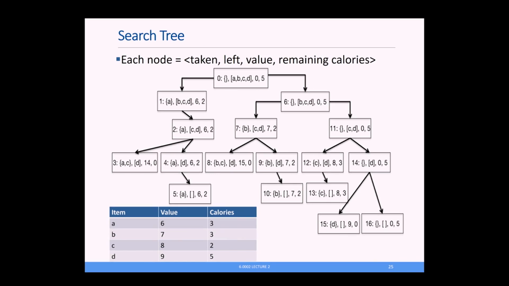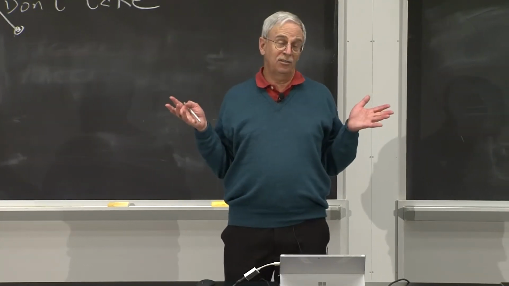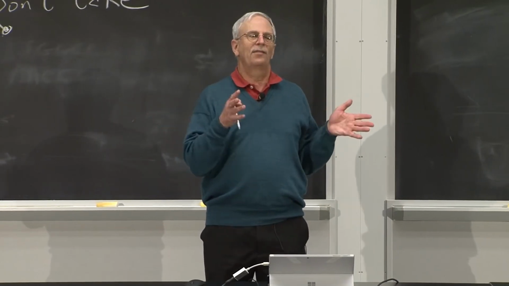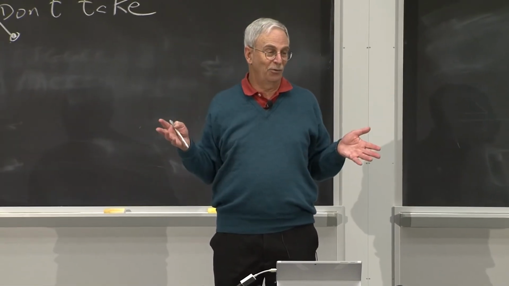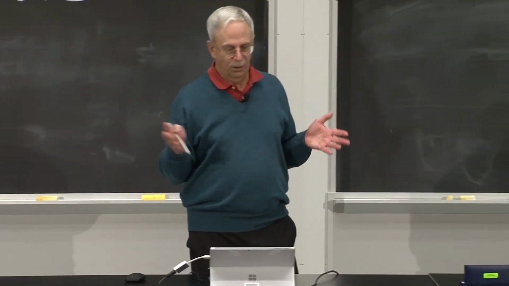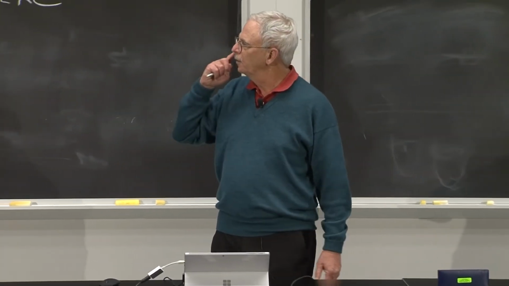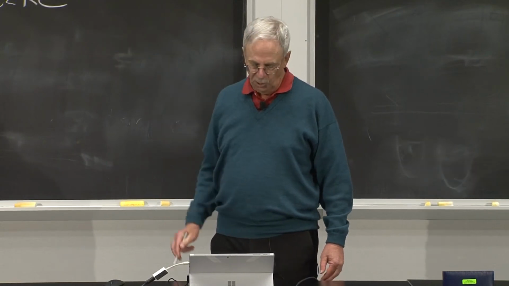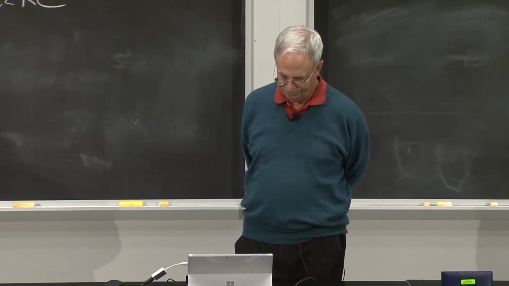Each node in the tree starts with what you've taken, initially nothing, the empty set. What's left, the total value in the remaining calories. There's some redundancy here, by the way. If I know what I've taken, I could always compute the value and what's left, but this is just so it's easier to see. And I've numbered the nodes here in the order in which they get generated.